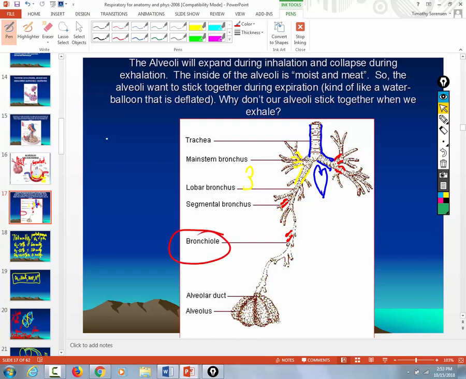Now, as you move deeper and deeper into the respiratory tract, the amount of cartilage decreases in the airway. So the most cartilage you're going to find is in the trachea, and then as you progressively get deeper, it is going to become less and less.